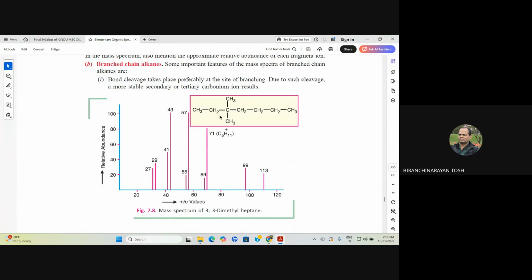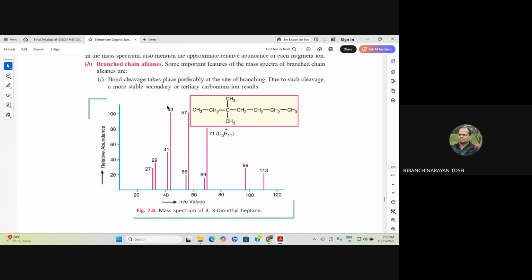So these two are why you are getting the two peaks at 43 and 57 with nearly the same intensity. That indicates one fragment is 43, one fragment is 57, and out of these, one is a tertiary group, one may be primary. Like this, we have to rearrange. And the total will be 113, that means one methyl group less.